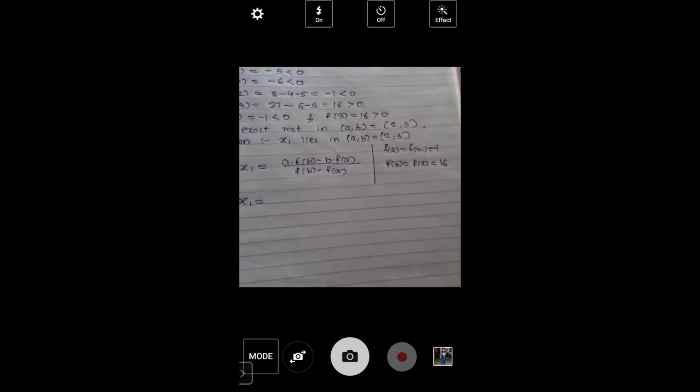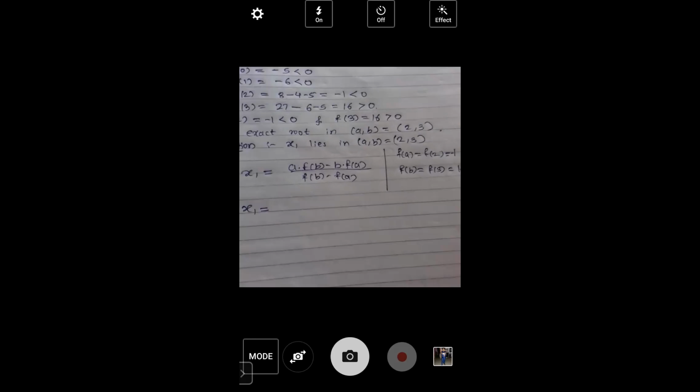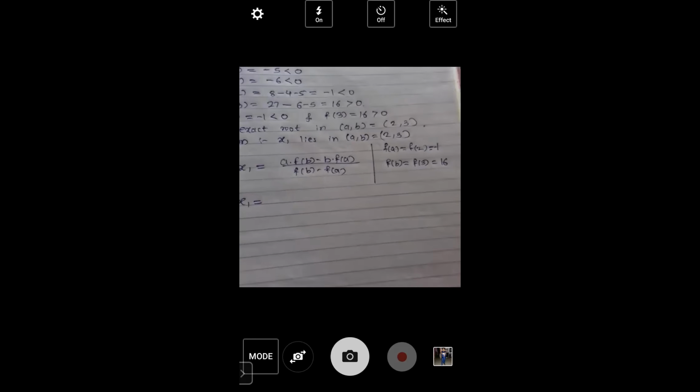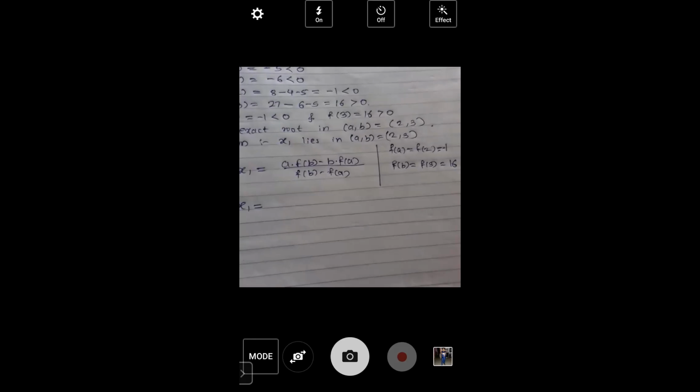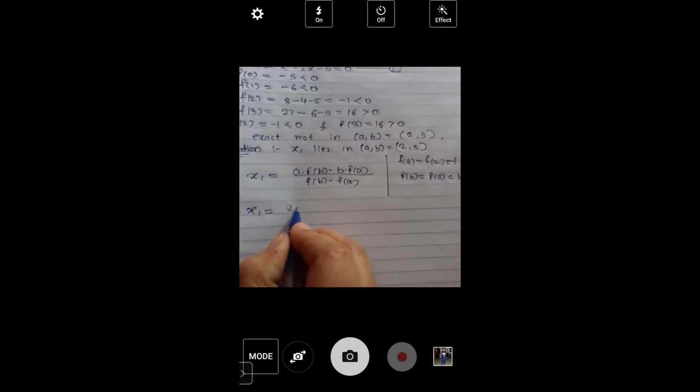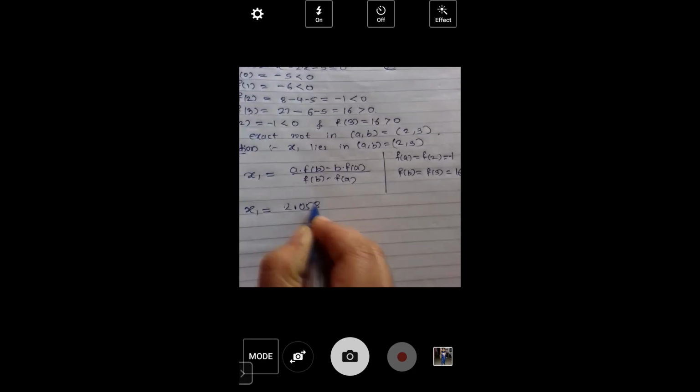Plus, minus it becomes plus, b into f of a: b means 3 into 1, 3. Divided by 16 plus 1, 17. 2.0588. Have you got this answer? 2.0588. Yes, ma'am.